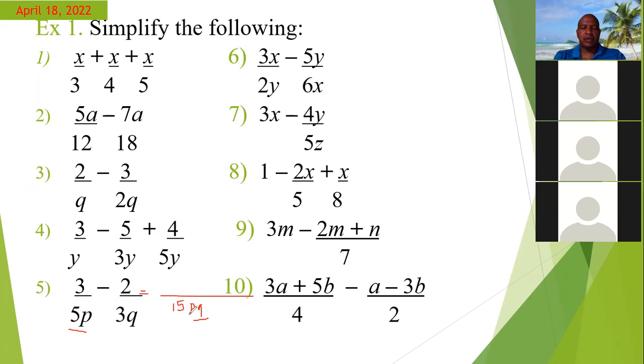So 3Q times 3 gives you what? 9Q. All right, so what do we do to this 3Q to get 15PQ? Multiplied by 5P. All right, so the numerator times 5P gives you what? 10P. Okay, good.